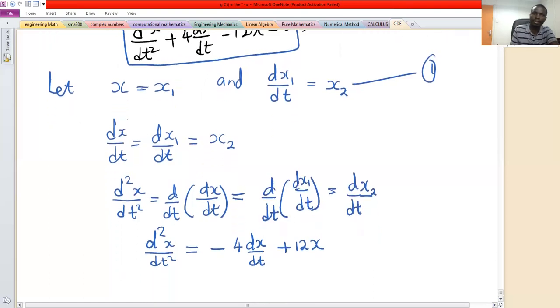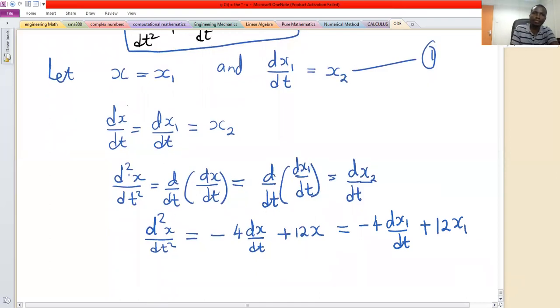By definition x equals x1, so this is minus 4 dx1 dt plus 12x1. The second derivative of x with respect to time is the same as dx2 dt, and where there's dx1 dt we replace by x2.